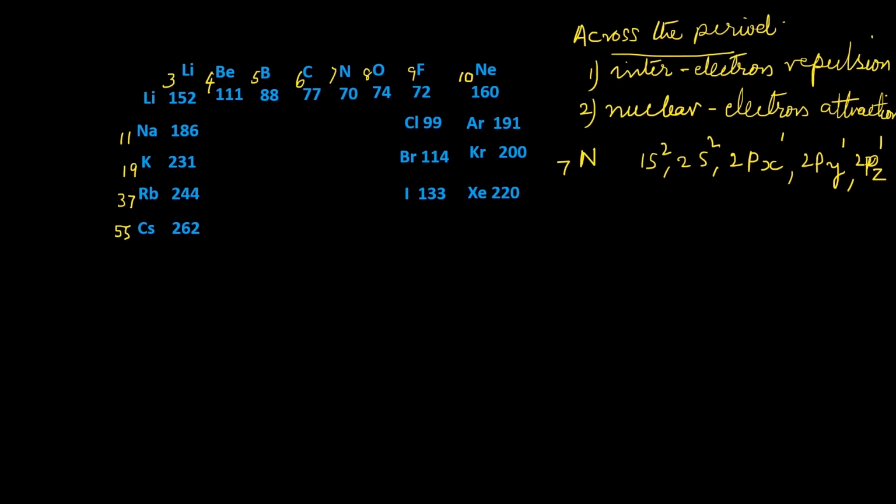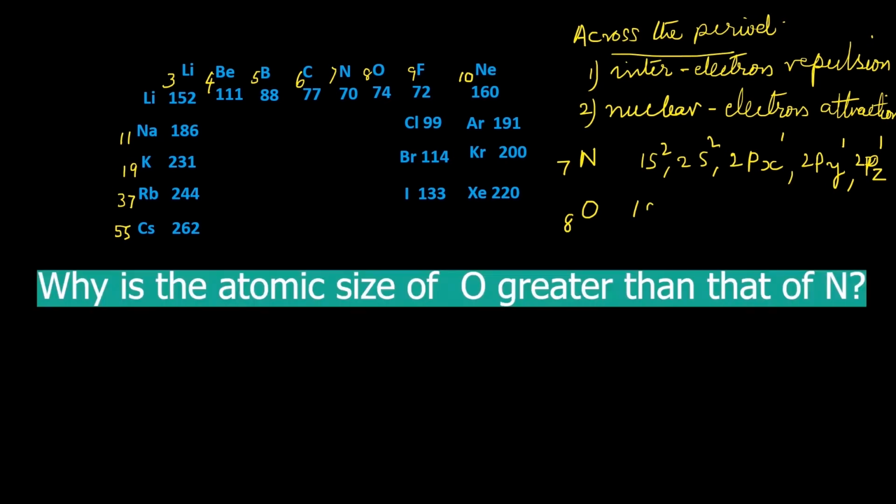From nitrogen to oxygen, there is an increase in atomic radius. Let us see why it is so. The electronic configuration of oxygen, atomic number 8, is 1s2, 2s2, 2px2, 2py1, 2pz1. So in oxygen, the p orbital has 4 electrons.